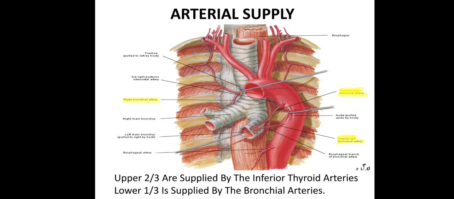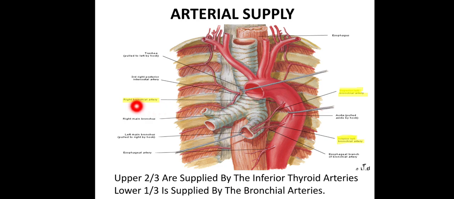Now arterial supply. You can see this is the trachea, and behind it there is the esophagus. The upper two-thirds of the trachea is supplied by the inferior thyroid artery, which is related to it on the anterior side, and the lower one-third is supplied by the bronchial artery.